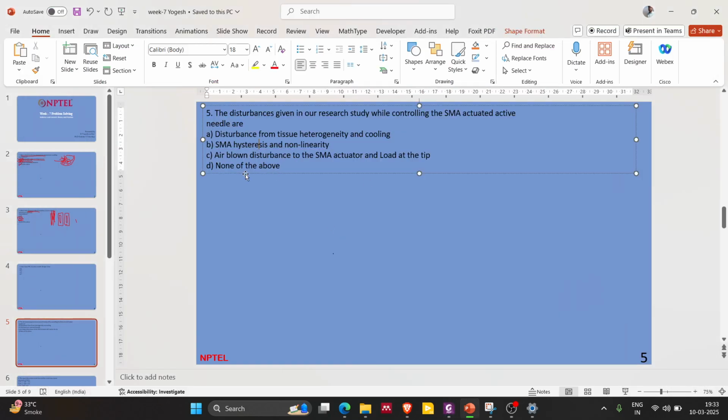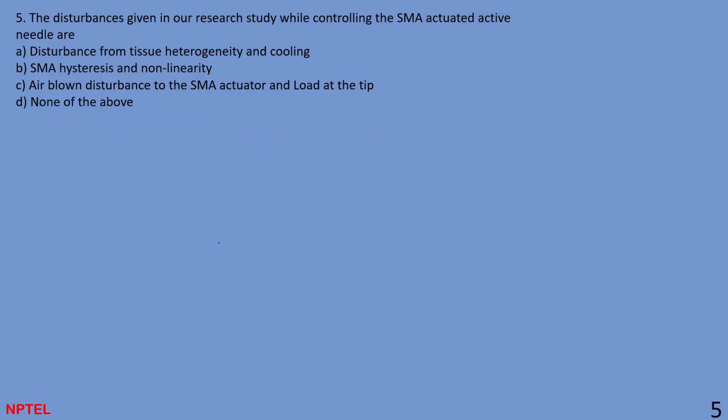Let's see which option matches our description. Disturbances from tissue heterogeneity and cooling, no, because he didn't have that tissue. SMA hysteresis and non-linearity, no. Air blown disturbances to the SMA actuator and load at the tip, yes. There are two disturbances, air blown and the load at the tip. So C will be your right answer.